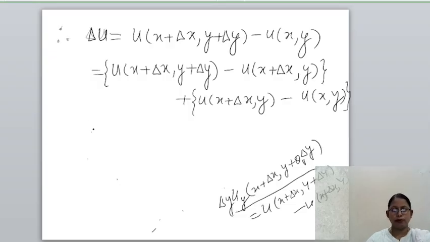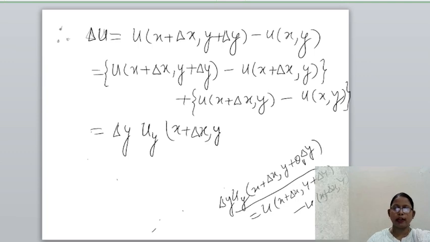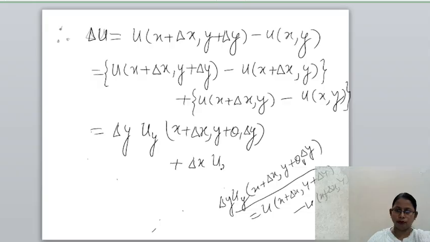So put this value: this will be delta y uy(x plus delta x, y plus theta 1 delta y), then plus this portion. Here my increment is given to the x variable, so this will be delta x. Looking at this, we can write ux(x plus theta 2 delta x, y).